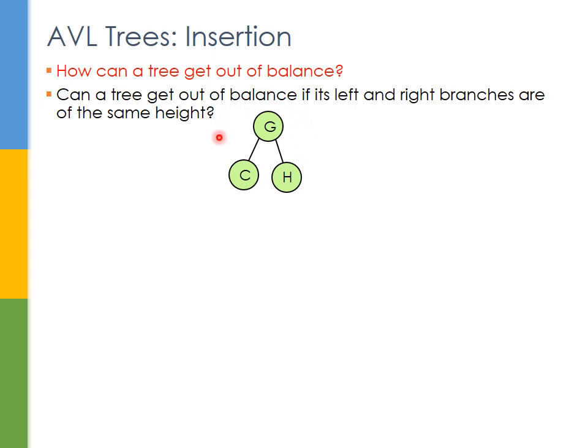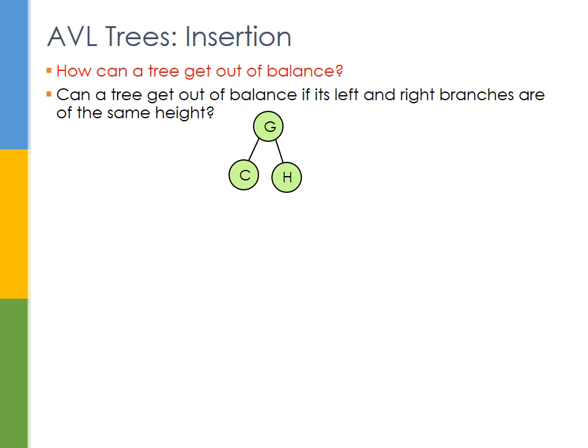So here we have a simple example of such a tree. We have our root node G, and we can see that the left and right branches have exactly the same height. So what this means then is that the balance factor of G will of course be 0. So what I would like you to do at this point is pause the video and try to answer whether this tree can become unbalanced due to an insertion.